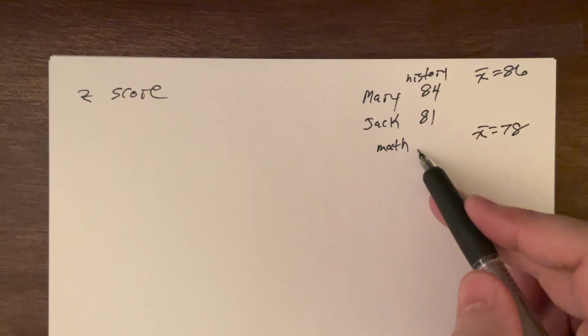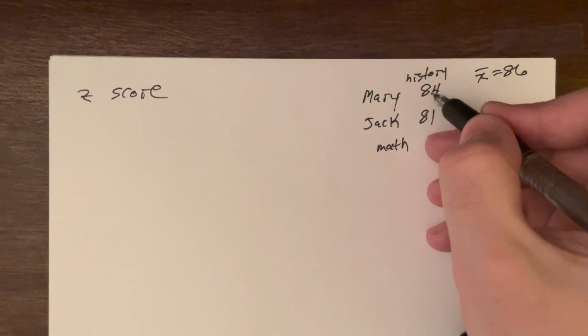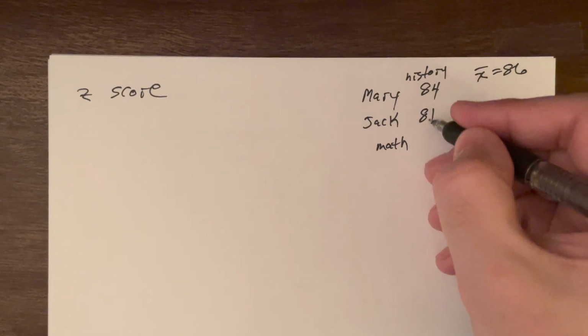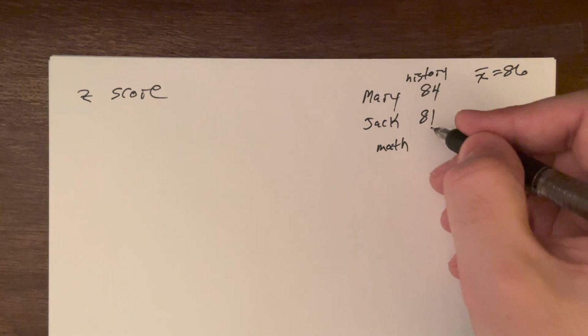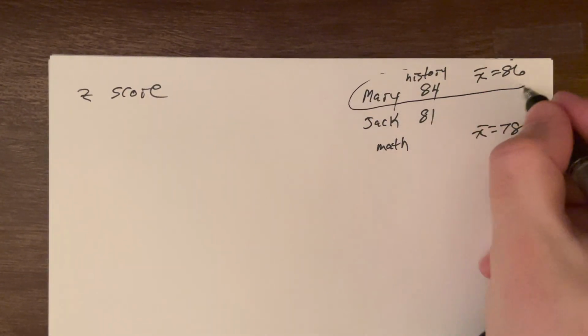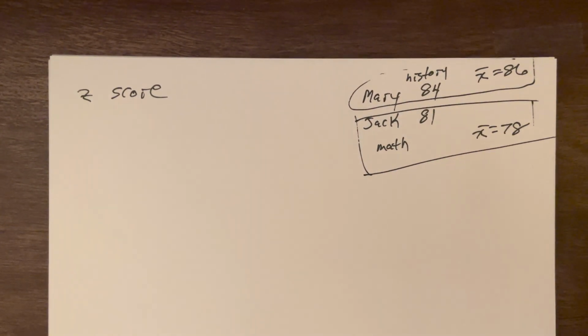They're different tests, so it's probably not best to compare them head to head. A better way would be to compare how they did compared to the rest of their class.